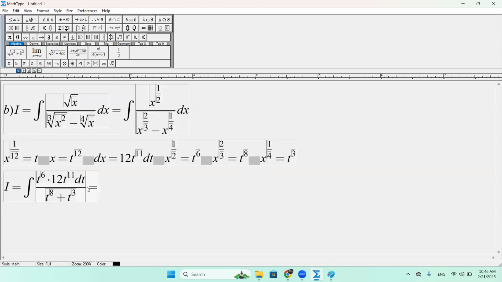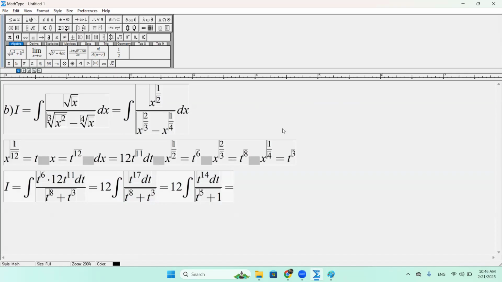And now let's simplify it a little bit. So 12, so t in power of 17 dt. And we also can cancel t cube. So here will be t in power of 14, t in power of 5, and here 1.